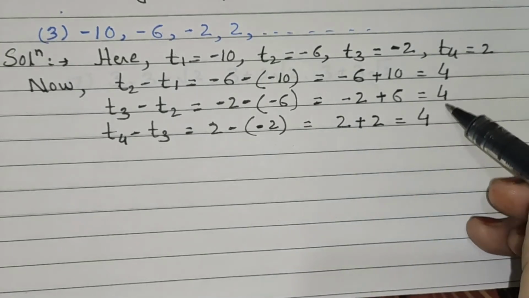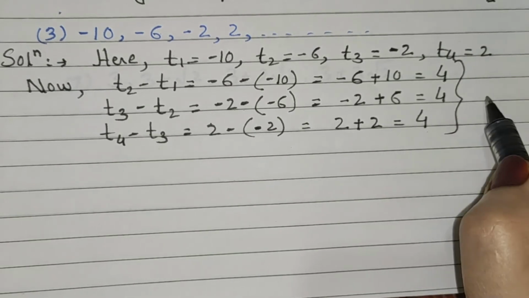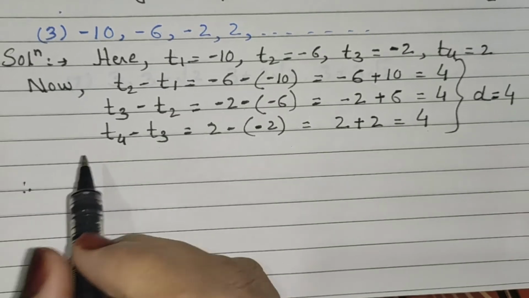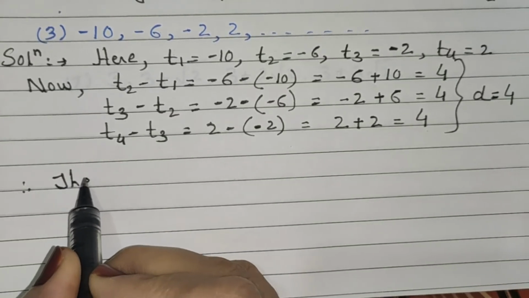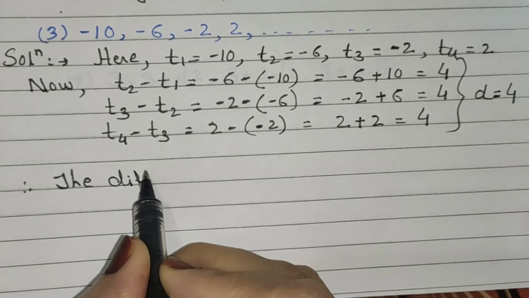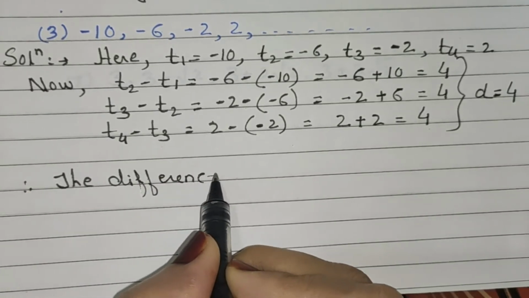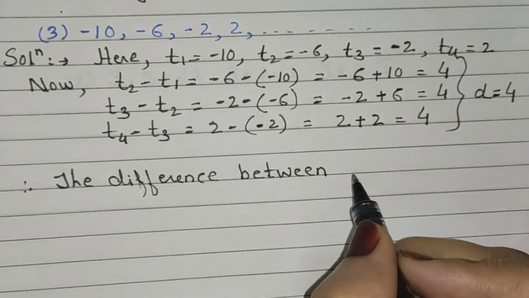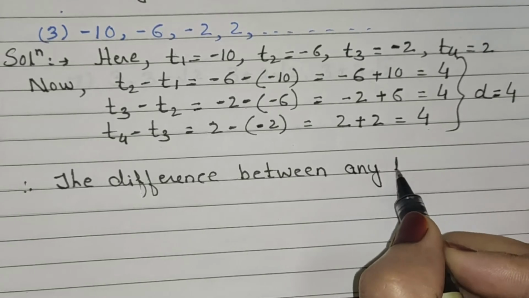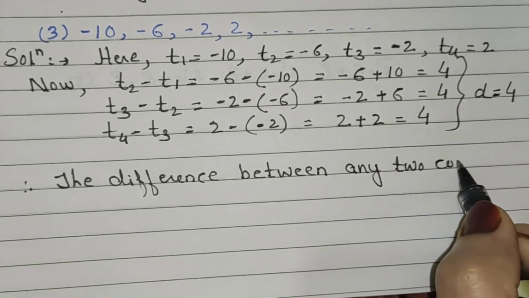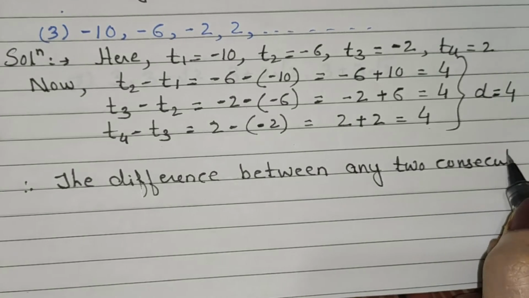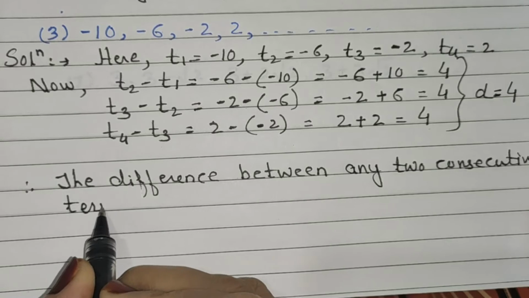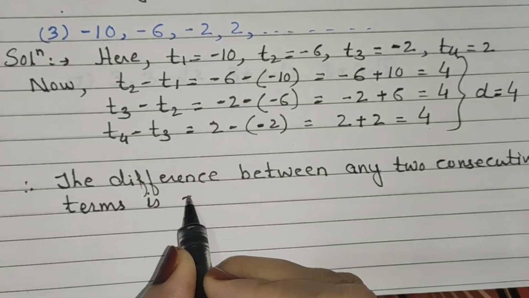Now all the differences are same here, therefore it is common difference, therefore we can write D is equal to 4. Now write down the answer. The difference between any two consecutive terms is constant.